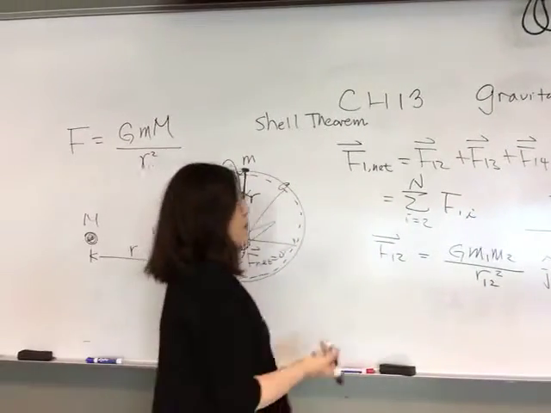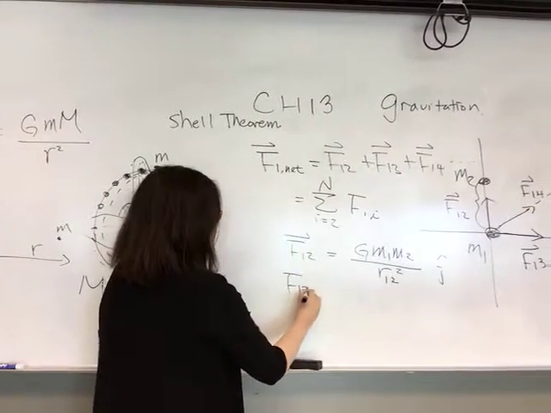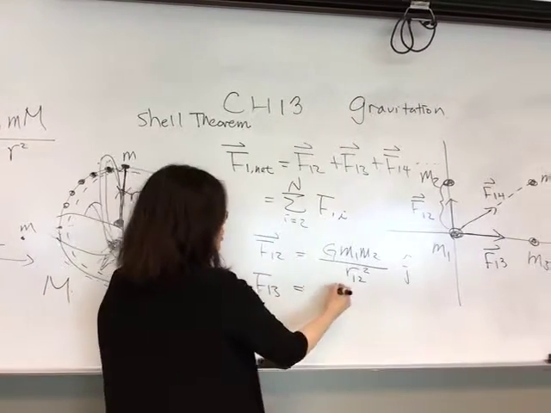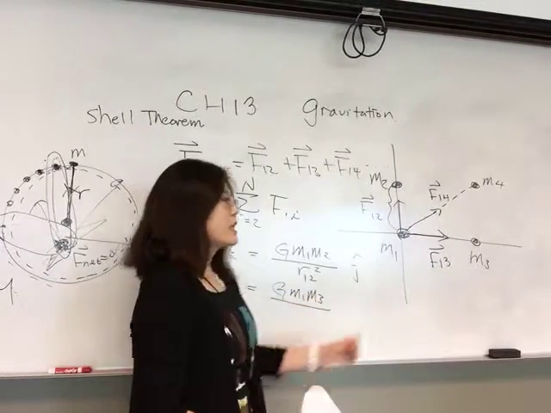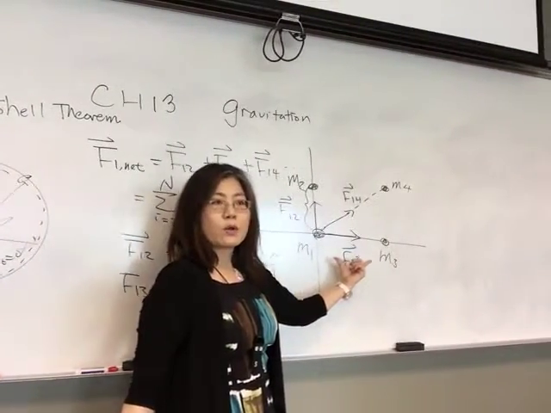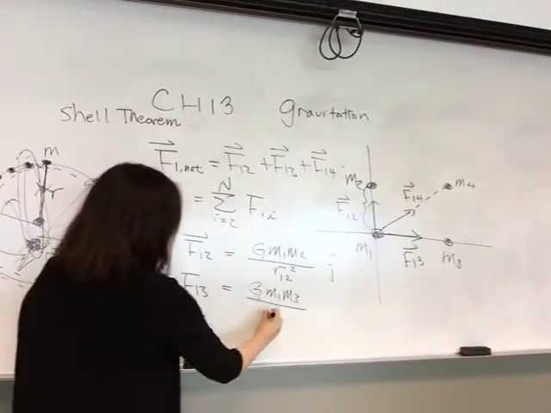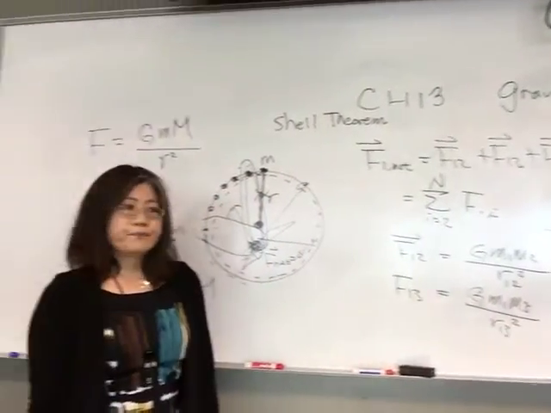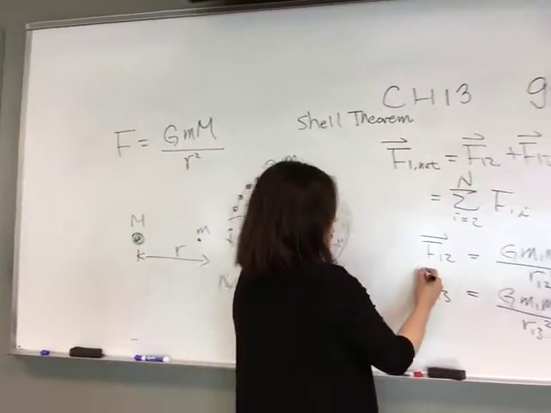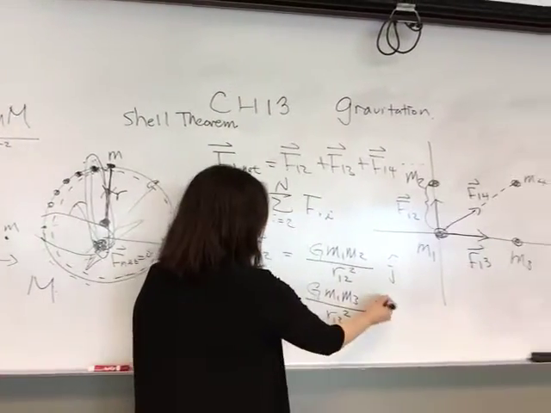What about your F13? Your F13, magnitude-wise, will be G, M1, M3, and then the distance between them. The distance between them, I'm going to call that R13. So you have your R13, you square it. And what is its direction? I hat. So that will be vector sign and then i hat.